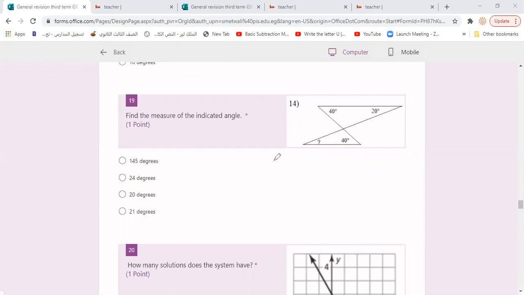We have letters Z. Those two triangles, we can say that they are similar. Why? Because I have 40, right? And 40. What is the second reason? We have vertical angles.